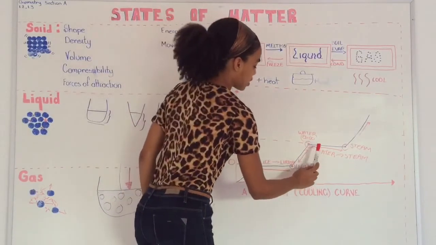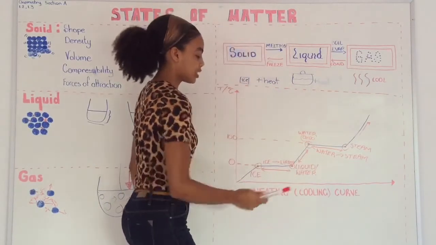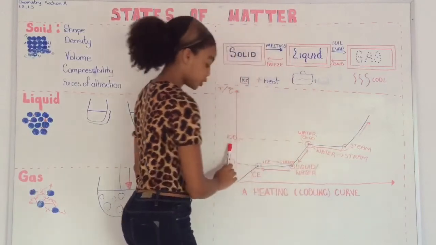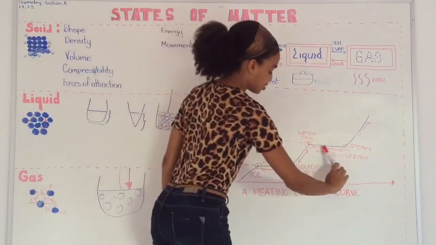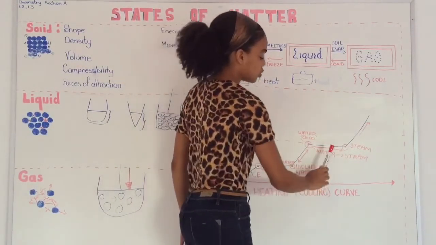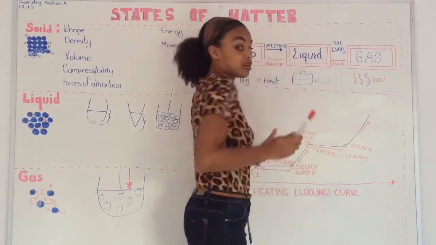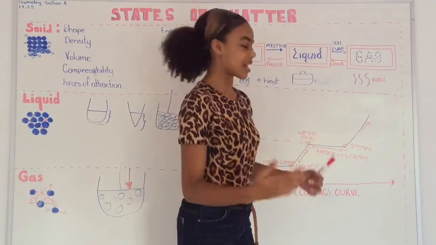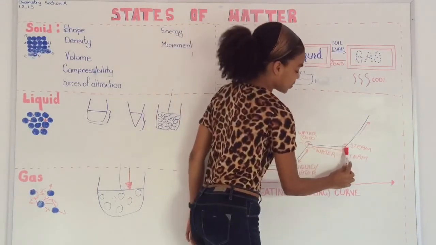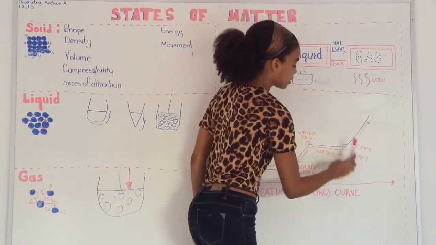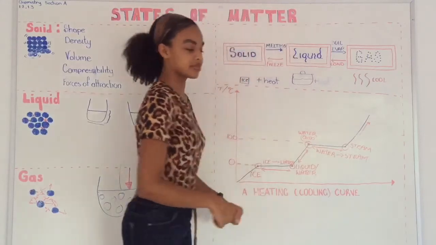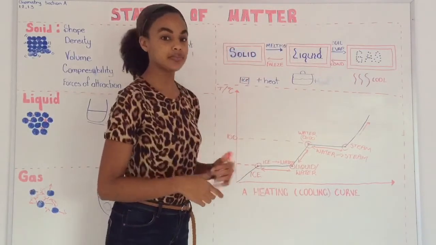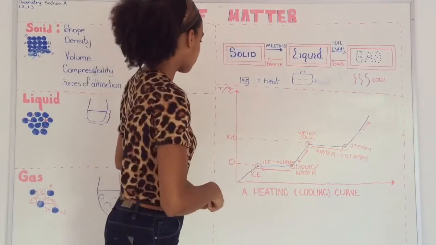Now at this point, we have water at 100 degrees Celsius and it's using the energy. The temperature is not changing, plateau, temperature is not changing. So it's using the energy to convert itself from a liquid state to a higher energy state, which is steam or gas. So at this point, we have steam or gas. And that steam just continues to absorb some more energy and increase in temperature.